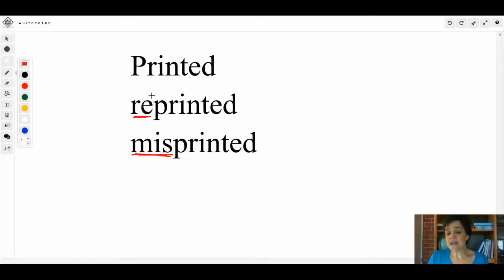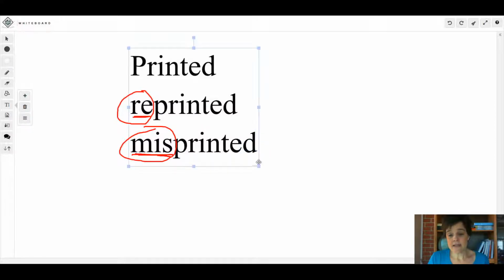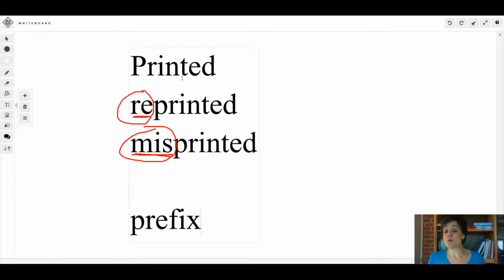All right, so these, R-E and M-I-S, are just two examples of something that we call, before I say it, let me put it on here, prefixes. These are letters that are put before a base word, a root word, and it changes the meaning of the word.